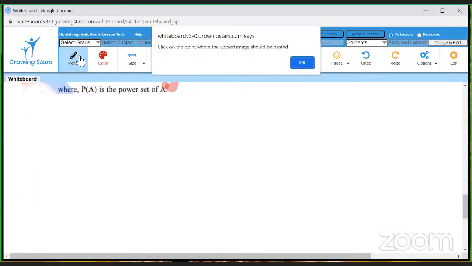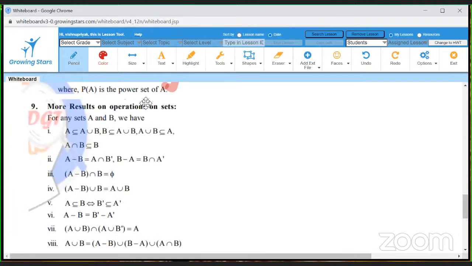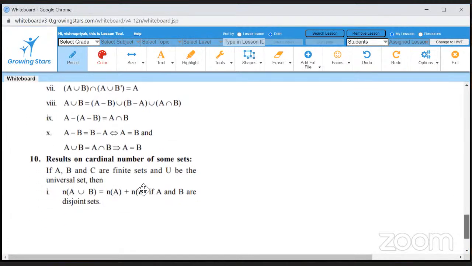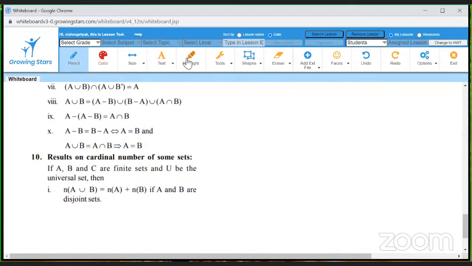Yes. Next set of formulas. This one we can see.